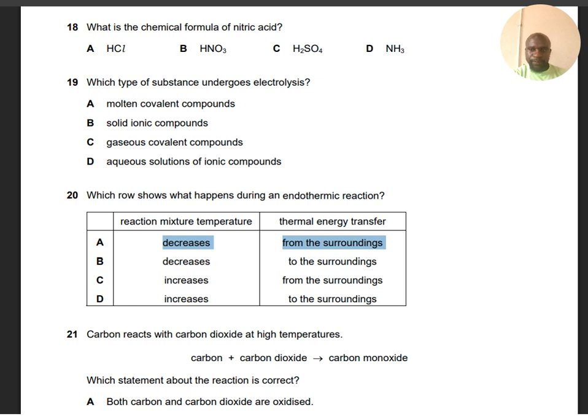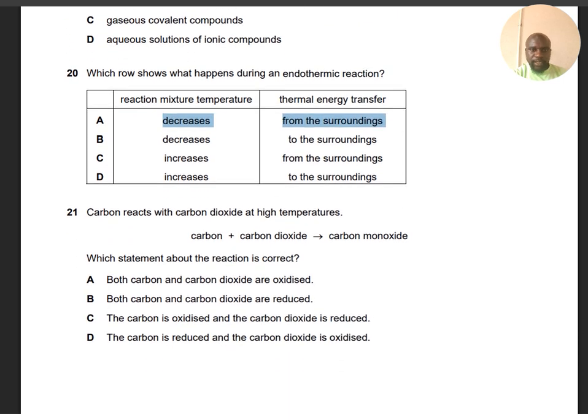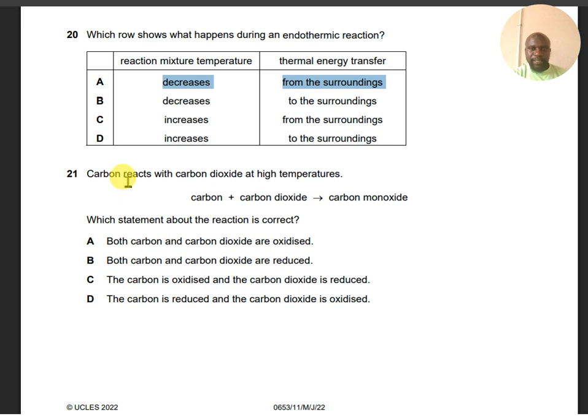And number 21. Carbon reacts with carbon dioxide at high temperatures. Carbon plus carbon dioxide produces carbon monoxide. Which statement about the reaction is correct? Both carbon and carbon dioxide are oxidized. No, all right, let's move on. Both carbon and carbon dioxide are reduced.